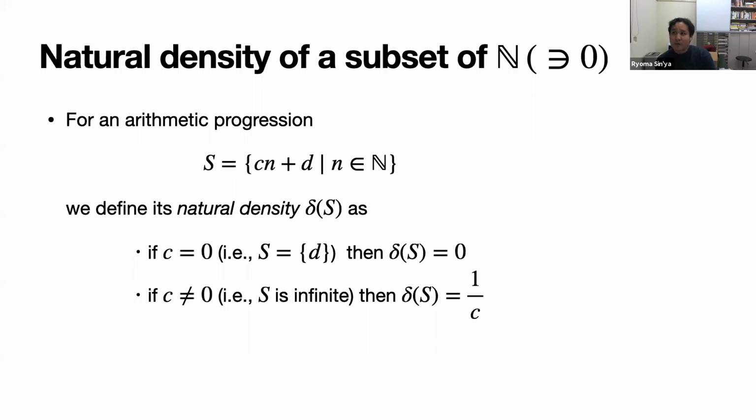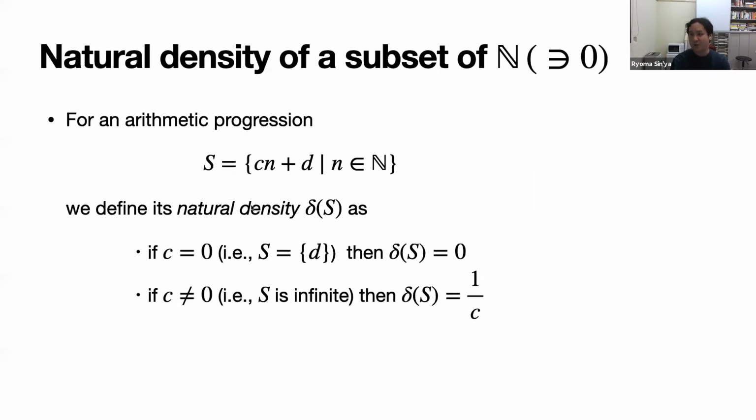So first, Bach considered a very basic infinite set of natural numbers, an underlying set of an arithmetic progression, S. So here, C can be 0. In this case, S consists of only the element D, a singleton set. And then Bach defined its natural density, delta S, like this. So C is 0 means S consists of just one element.